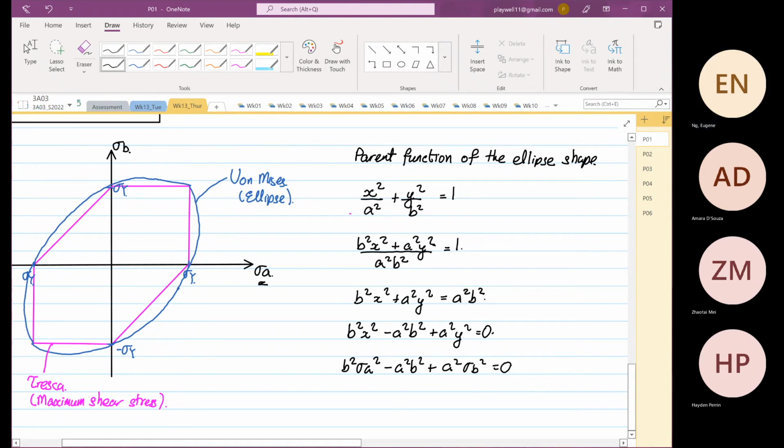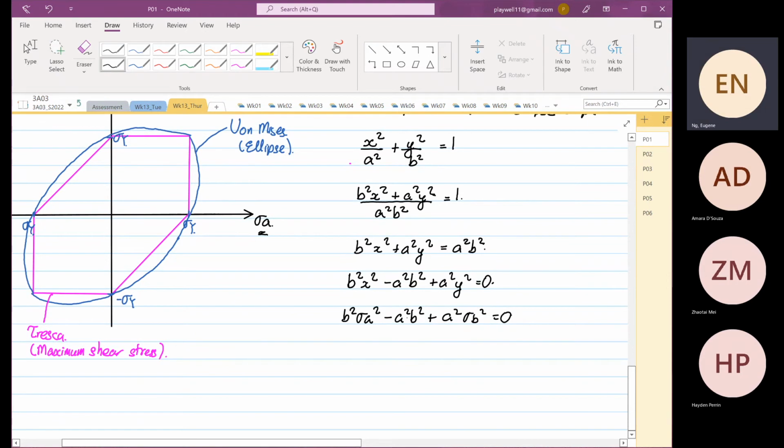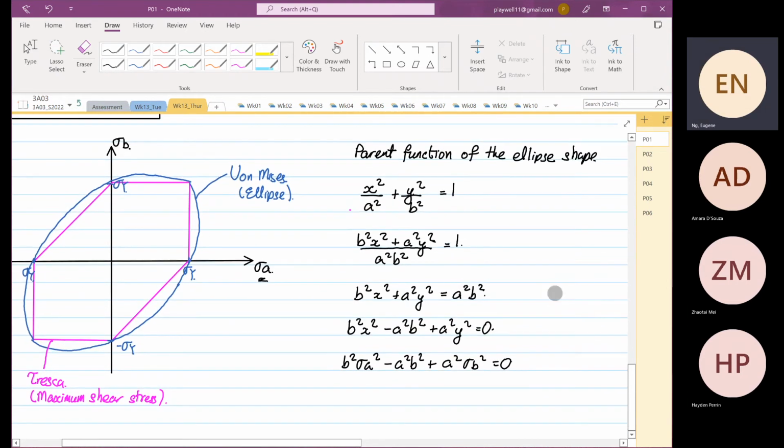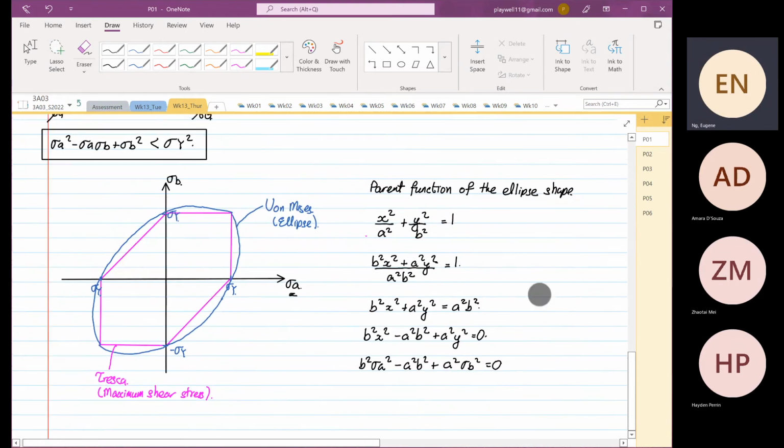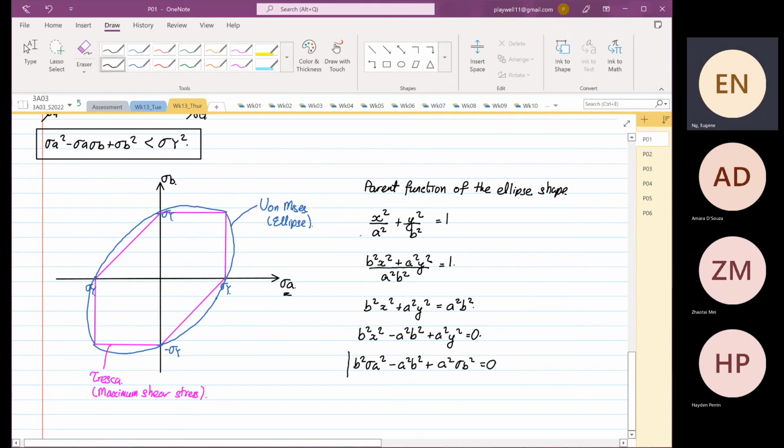Okay, so if you look at this equation over here, it's very similar to what we have over here. They are very similar. So if you were to plot this on Excel, you will get an ellipse.